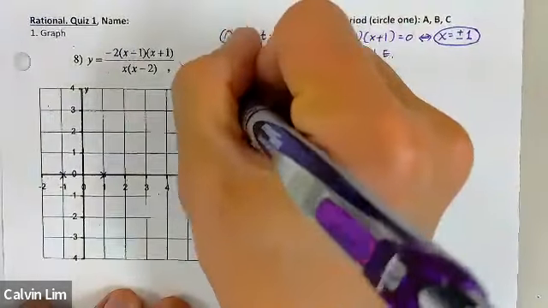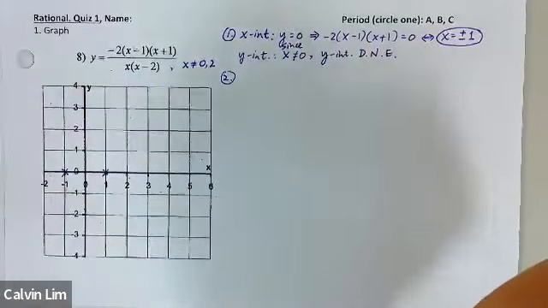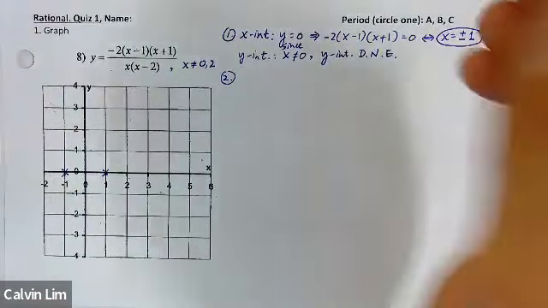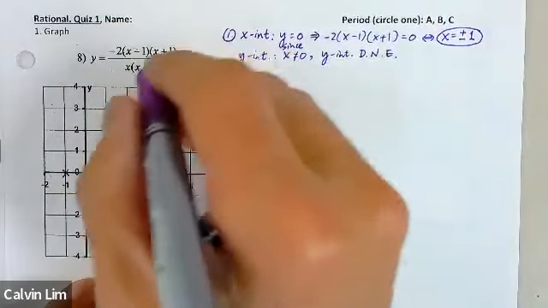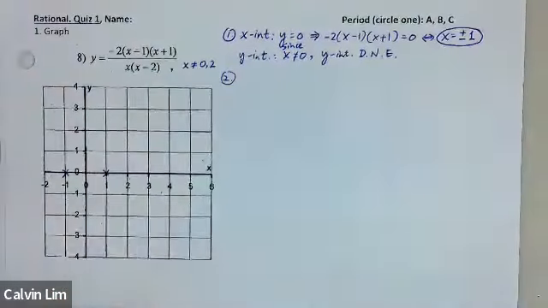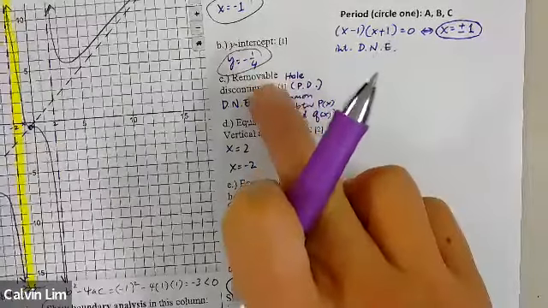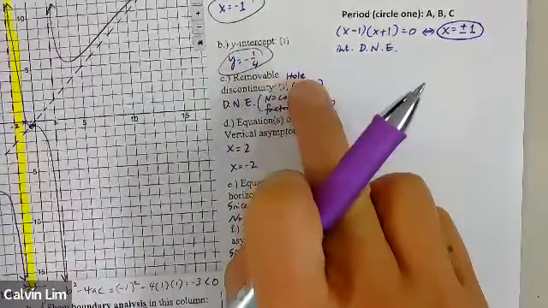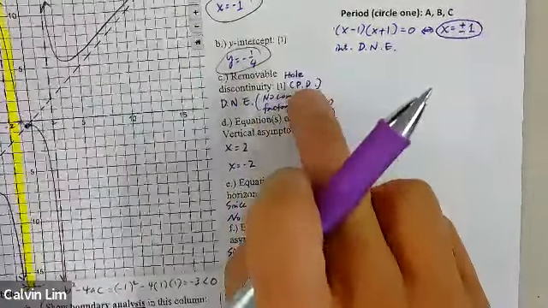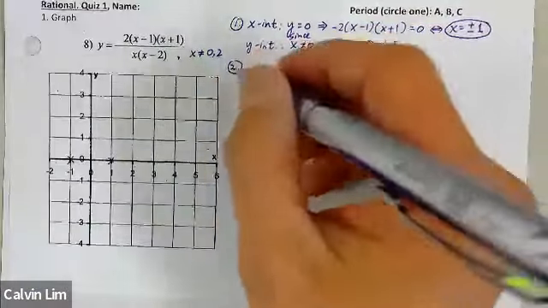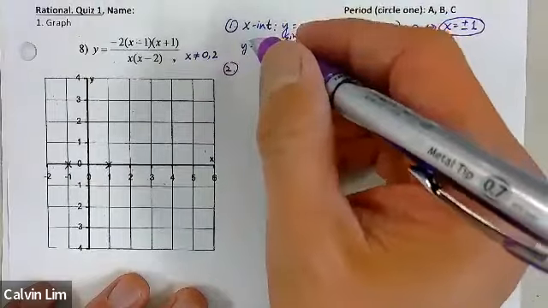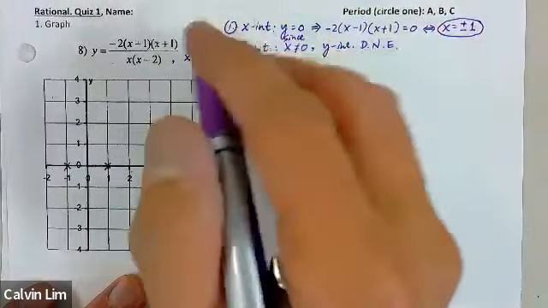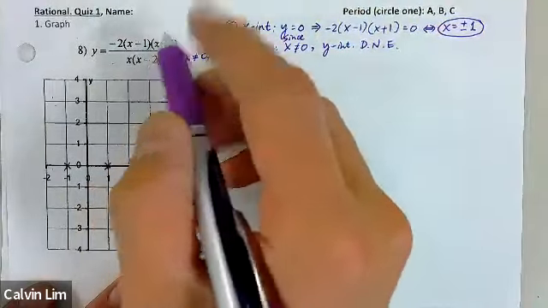Next, point discontinuity or hole, right? Any point discontinuity, or hole, or removable discontinuity? Remember, removable discontinuity is another name for hole or point discontinuity. Is there any? No. Why not? There are no common factors, right?